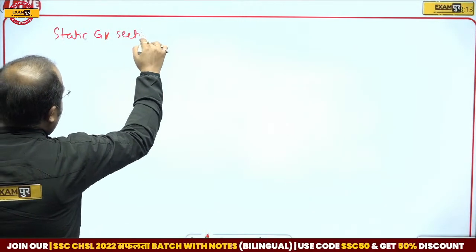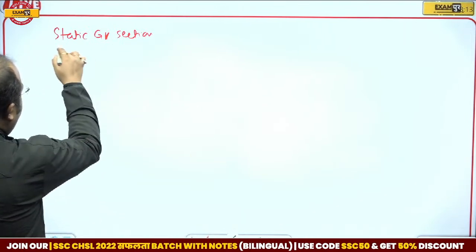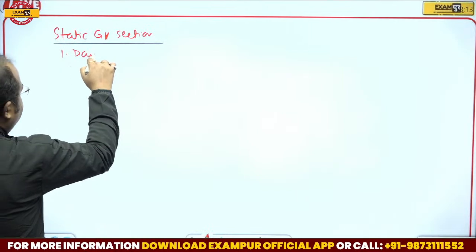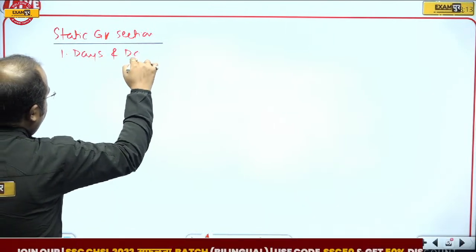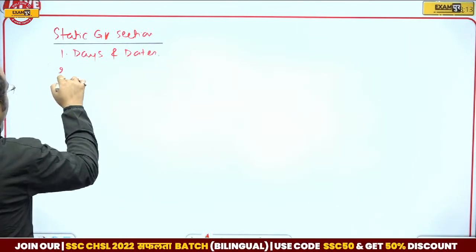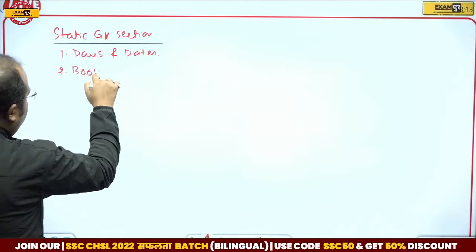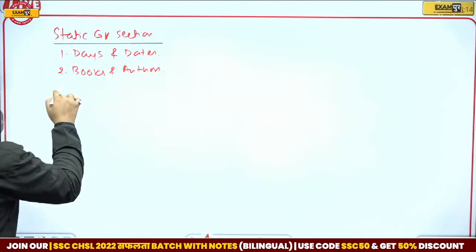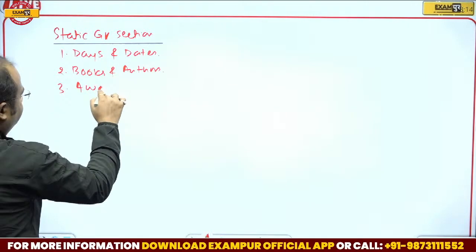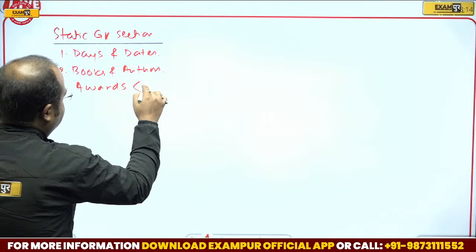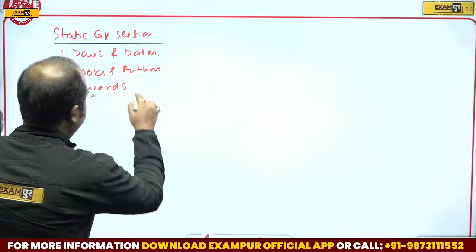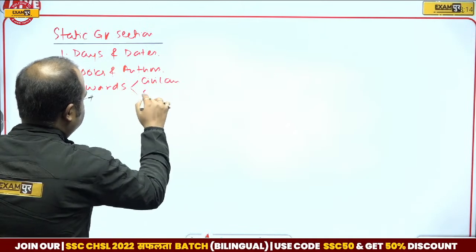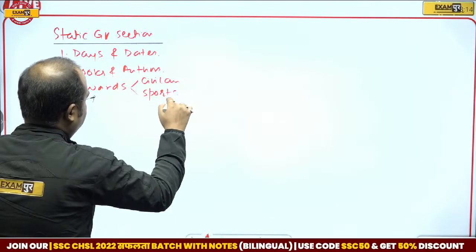They can ask you questions from days and dates, then books and authors, awards, especially civilian awards and sports awards.